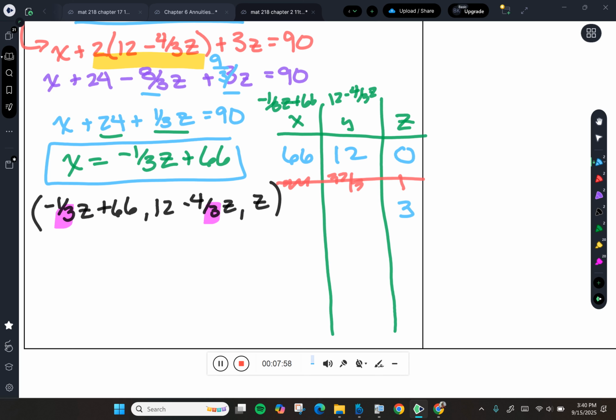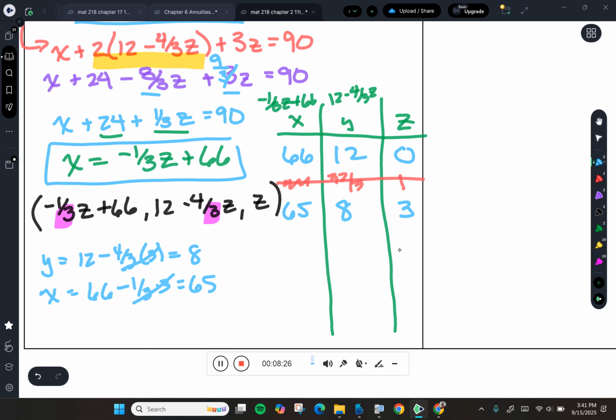If I do some scratch work over here, y would be 12 minus 4/3 times 3. Those are going to cancel, so 12 minus 4 gives me 8. And then x is going to be 66 minus 1/3 times 3. The 3 is going to cancel, so that would be 65. So I get 65 and 8. Continuing down that thought, if z has to be a multiple of 3, the next thing it could be is 6.